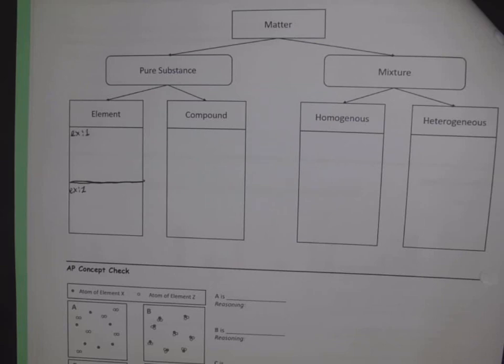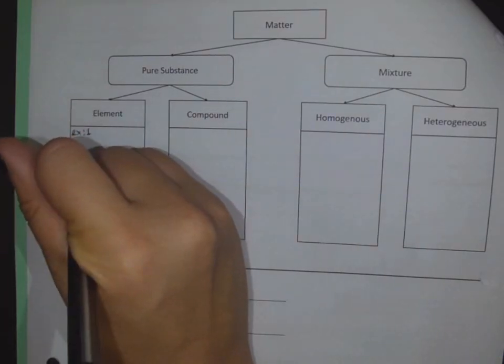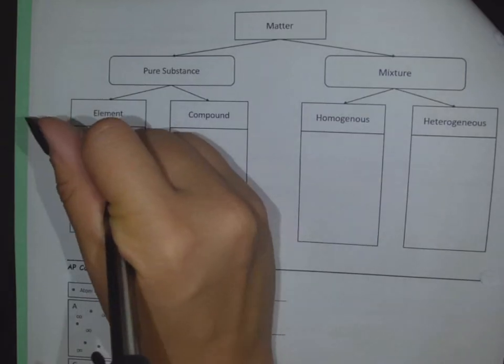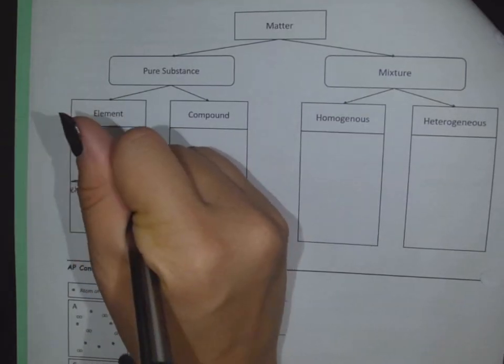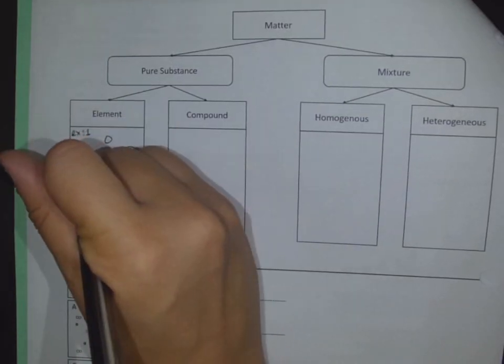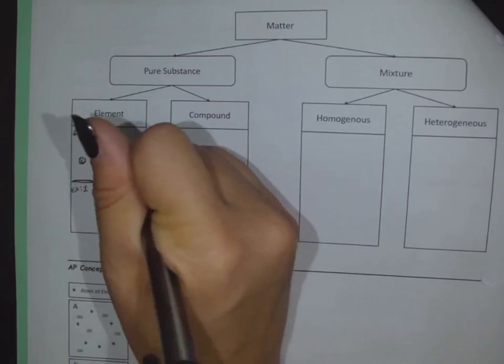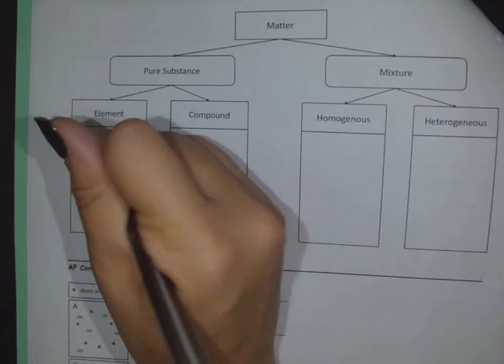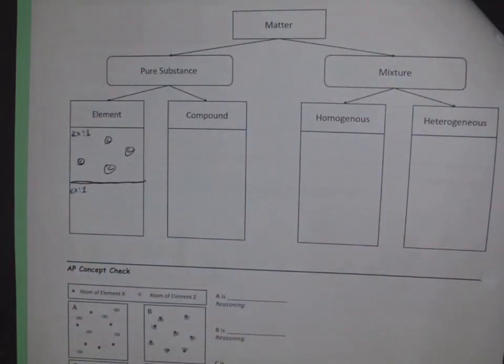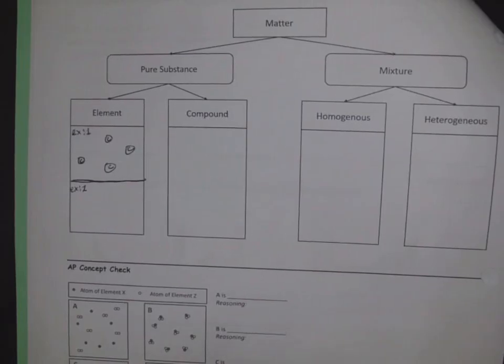Carbon's a common one. If we just have these atoms of carbon, and all of those are the same, sorry, I didn't draw them quite equal in scale, but there's only carbon atoms in there, then that would be an element.